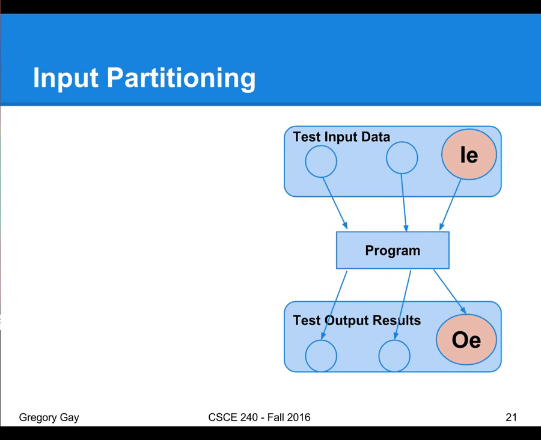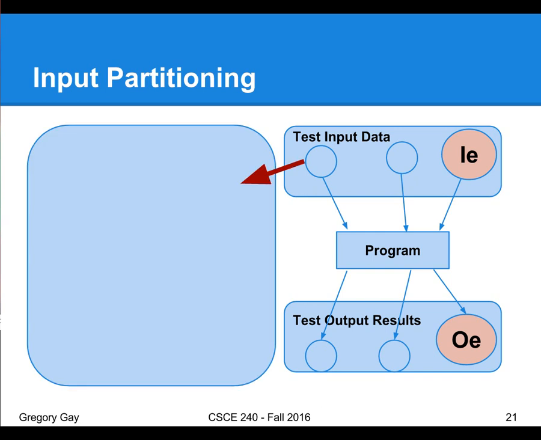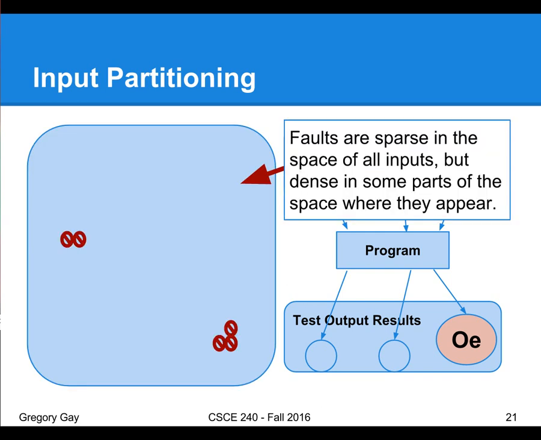And so we should take a good long look at that input space. And ultimately, faults are going to be pretty sparse in the input space as a whole. But they're going to be dense in the regions of the input space in which they appear, right? If you try a bunch of input roughly in this area, you're more likely to reveal a fault than if you try something over here.